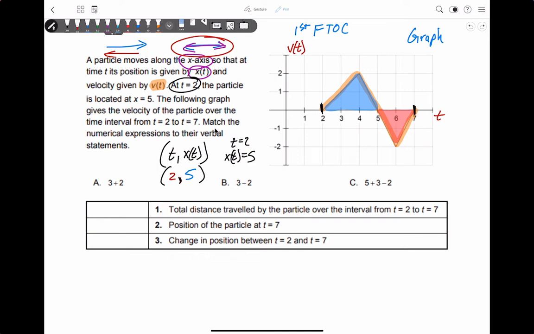All right, so what we're going to do is look at our choices here of 3 plus 2, oops, we have 3 minus 2, and then we have this value over here. Okay, so this 3 plus 2 and this 3 minus 2 tend to be the easier ones. And this time I'm going to gravitate to this 3 minus 2, which is a displacement.